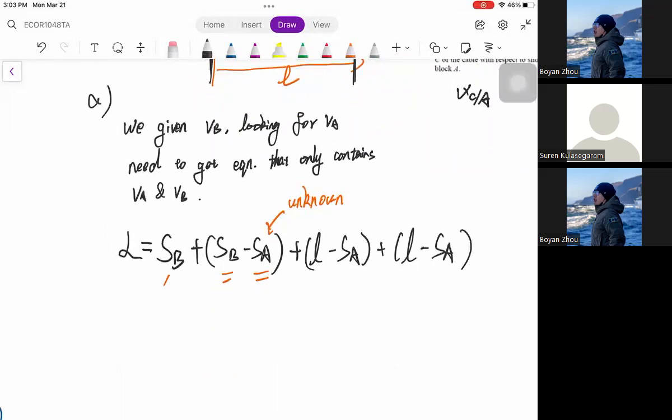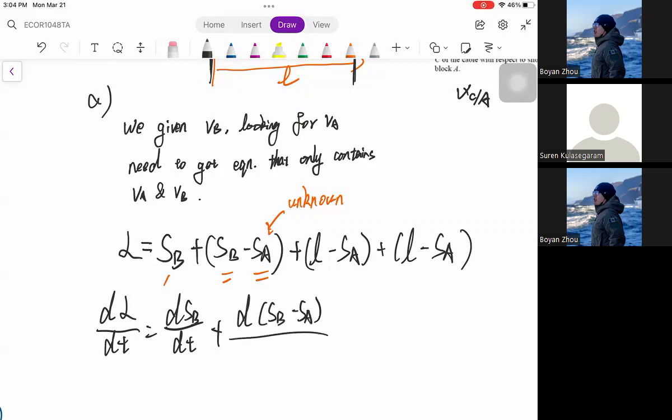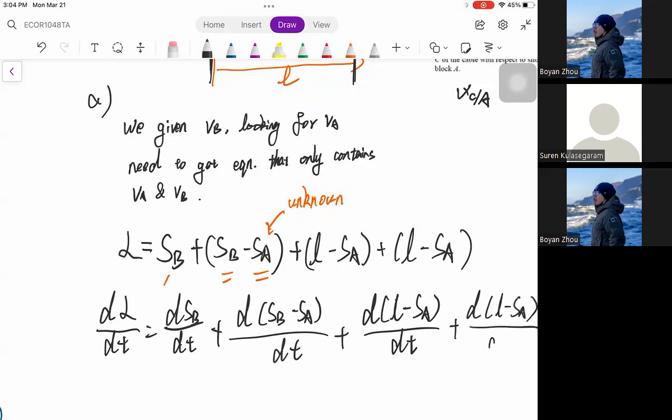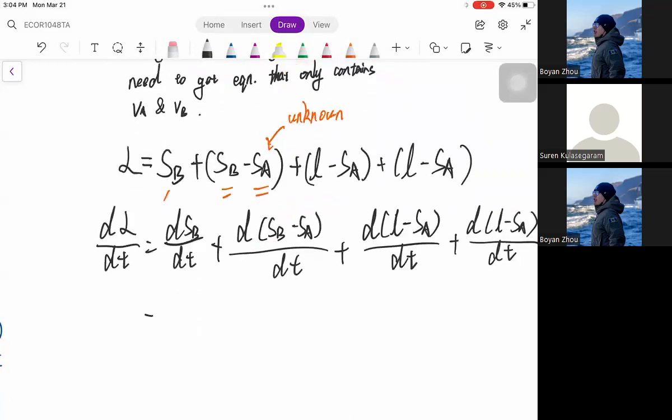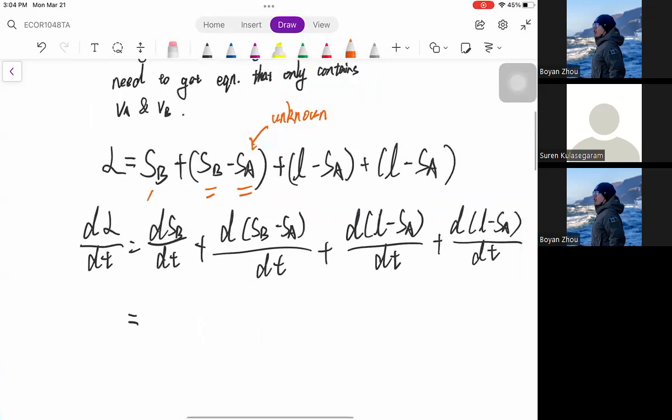And then, just like before, we're going to find the derivative on both sides. The left-hand side is the derivative of a constant L. And the right-hand side is the derivative of SB, plus the derivative of SB minus SA, and so on.